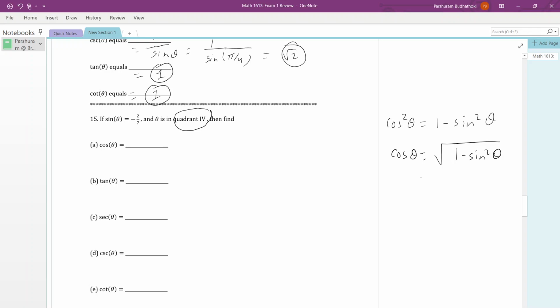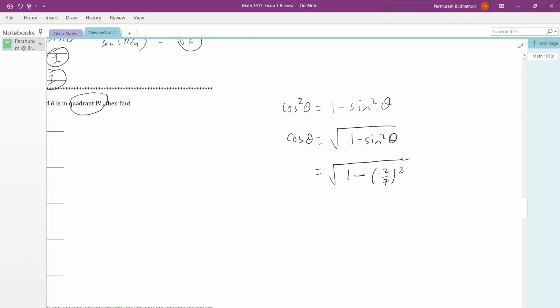So now cosine theta is the square root of 1 minus sine squared theta. As we know that sine theta is negative 2 over 7, if we plug in for sine theta and then square it, it is 1 minus 4 over 49.